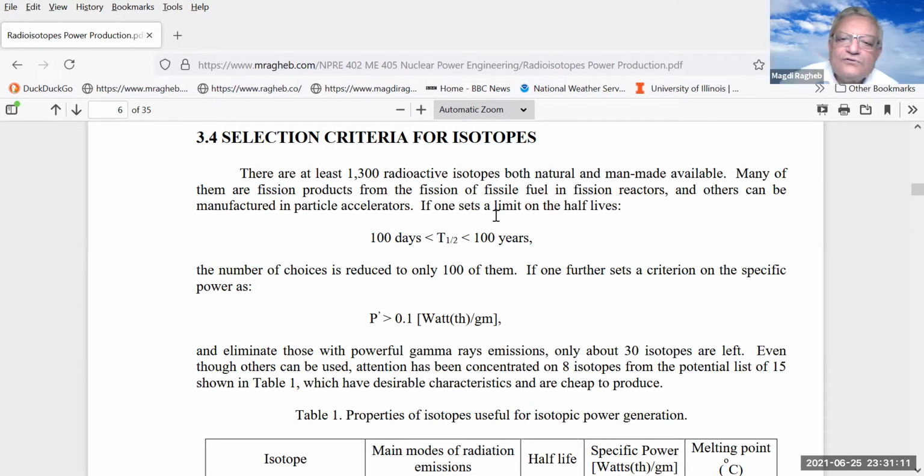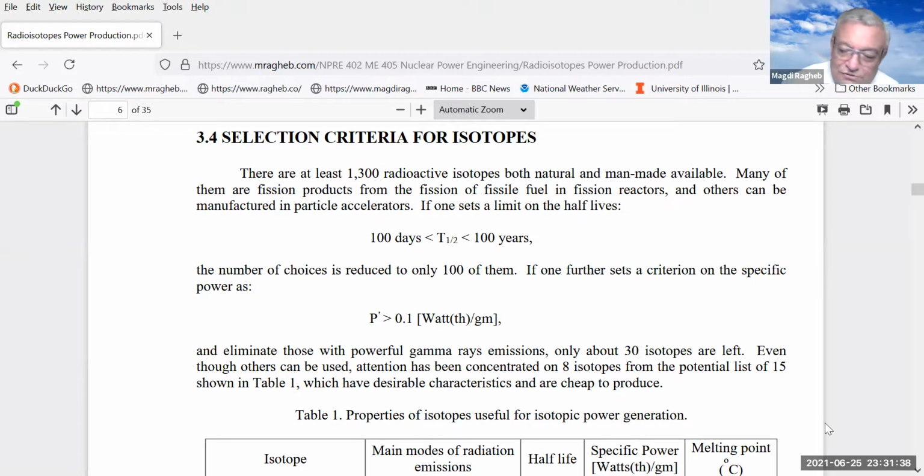That reduces the number of isotopes available to us from the 1,000 that I talked about to only 100. And then it's also not practical engineering-wise to use a power lower than 1/10 of a watt per gram. If you choose that criterion, you'll find that the 100 isotopes is reduced to only 30 isotopes.